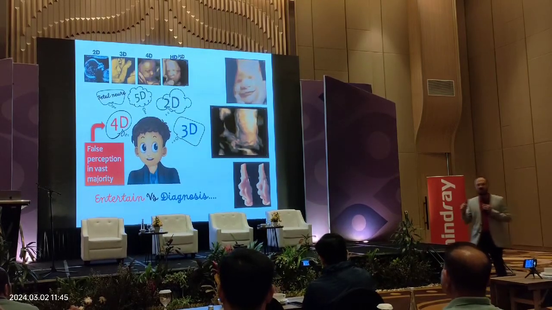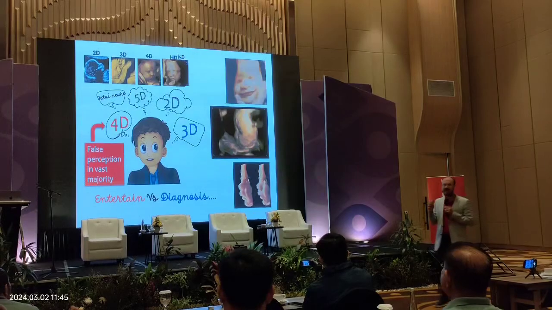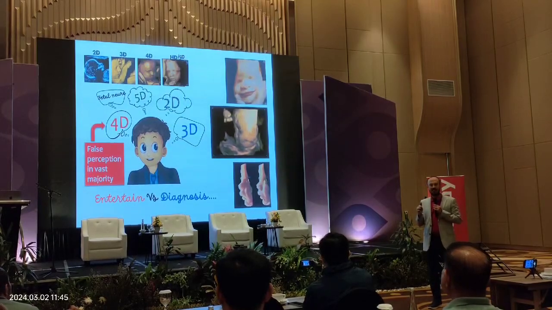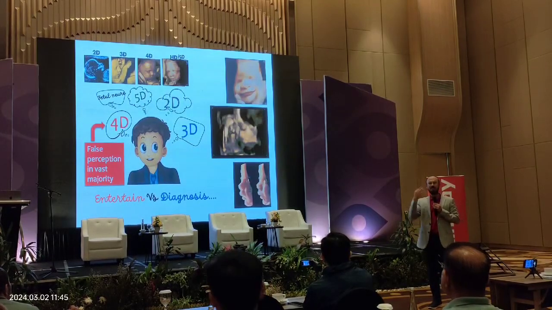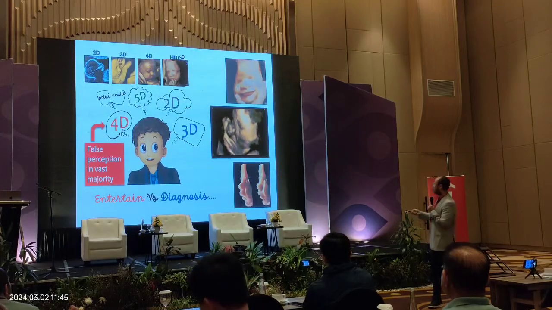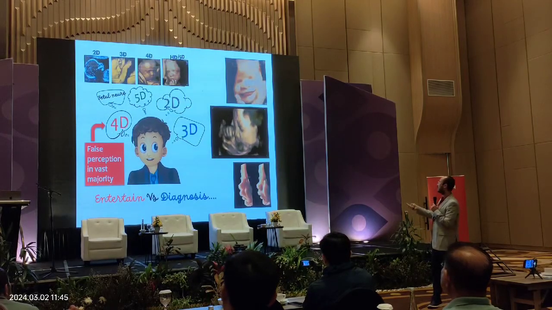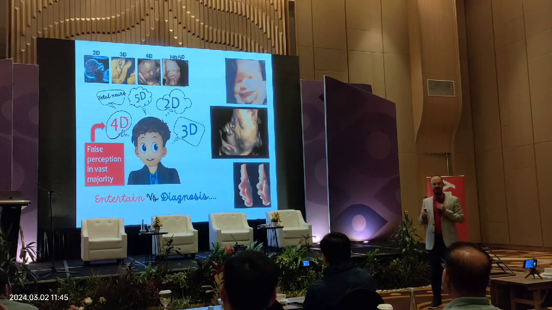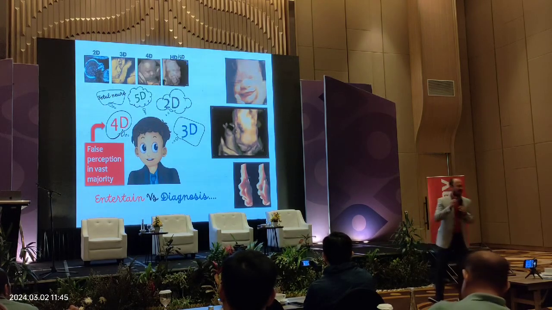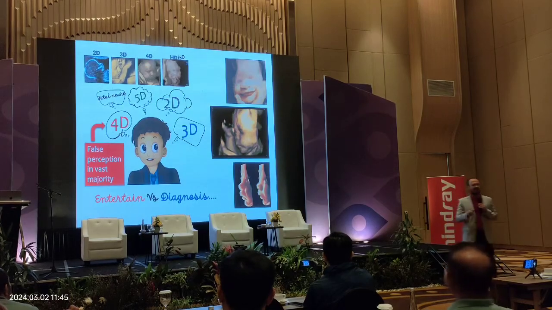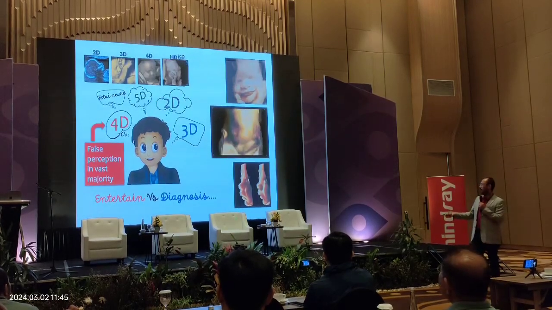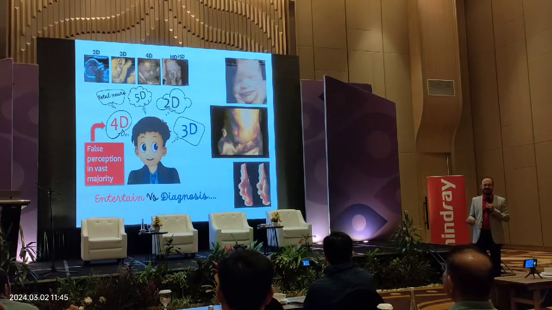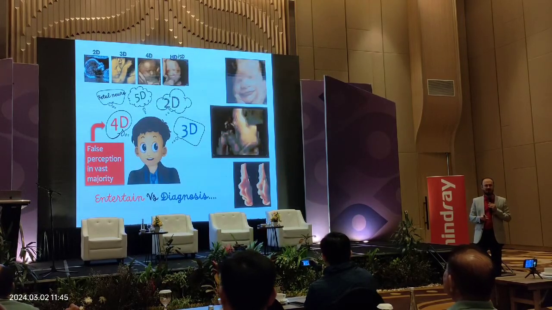If we use a high definition machine, we can pop out the image, and the image will look like this, and the patients look happier, so we call it 5D. But does it have any potential influence on making a diagnosis? How about 4D? Is it necessary for diagnosis?